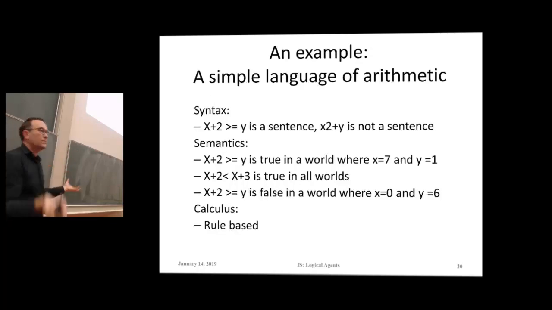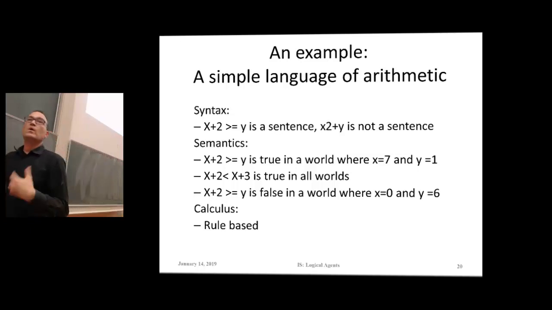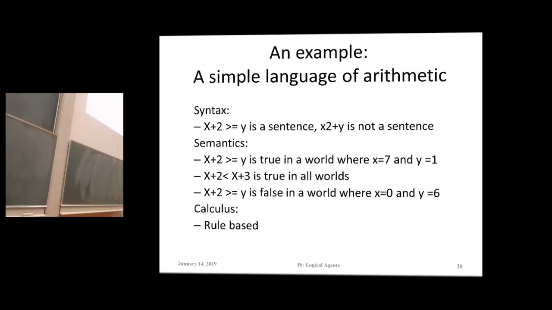We're going to move to propositional logic, but just to make sure that you understand that this is more generic than just those classical logical approaches, we have the same if we talk about arithmetic, for example. We have a definition of what the valid sentences of this simple arithmetic language with equality are.